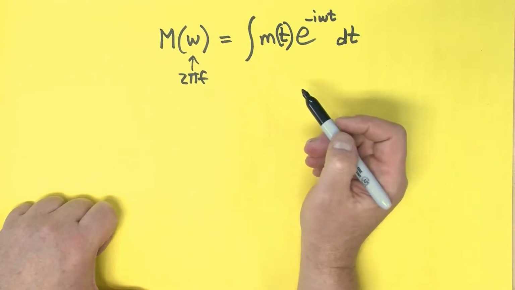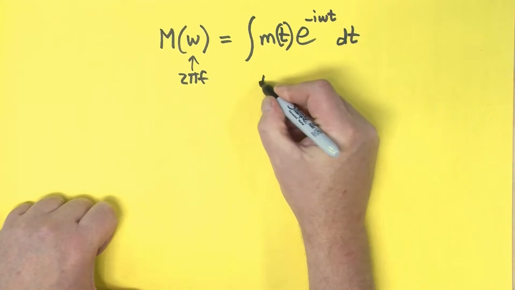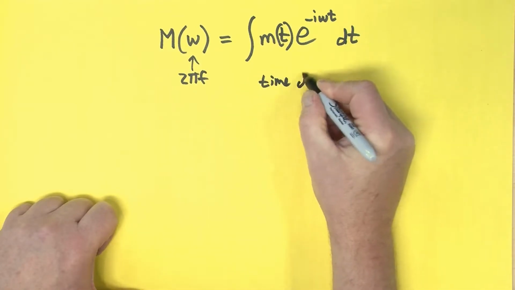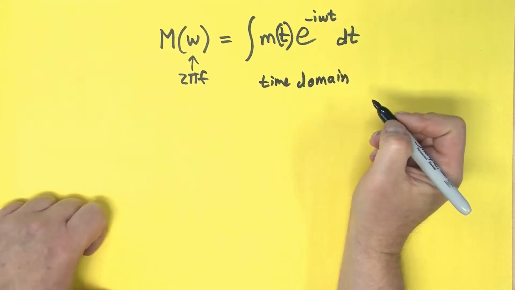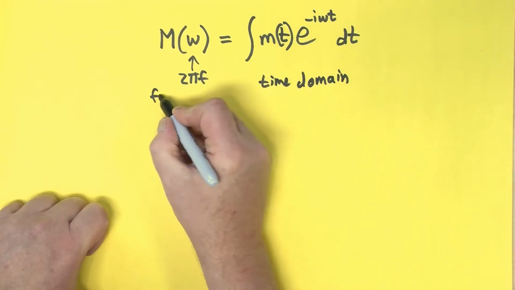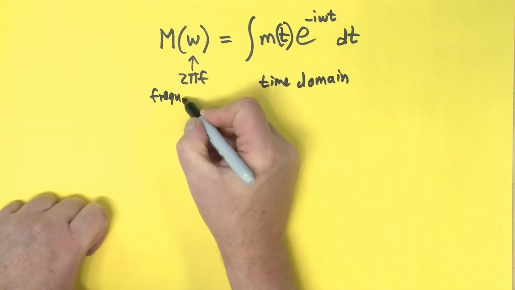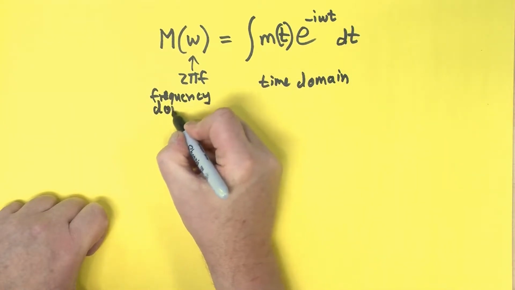And the terminology that we typically use is, this is called the time domain, which is where we live in, and this is called the frequency domain.